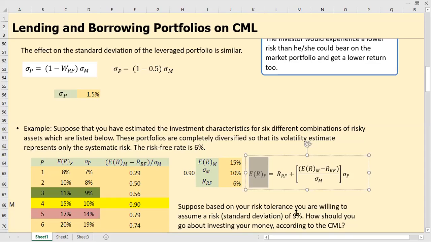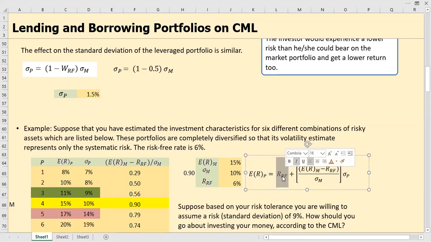Understood? When it comes to capital market theory, we can only calculate the expected return of portfolios that do not have the unsystematic risk part. Because when you are thinking about this market portfolio, you don't have that unsystematic risk. We have already diversified that. And when it comes to the risk-free asset, we don't have any risk.